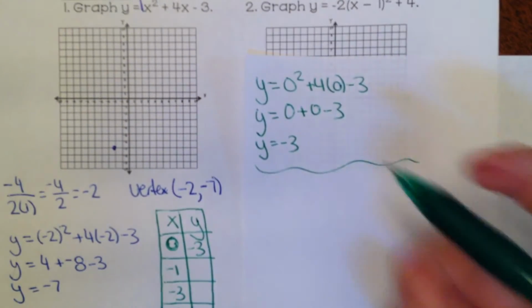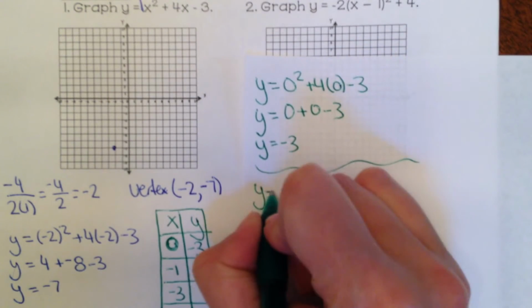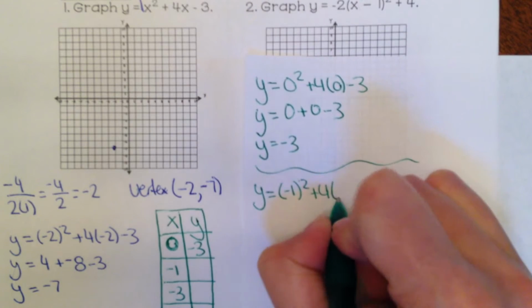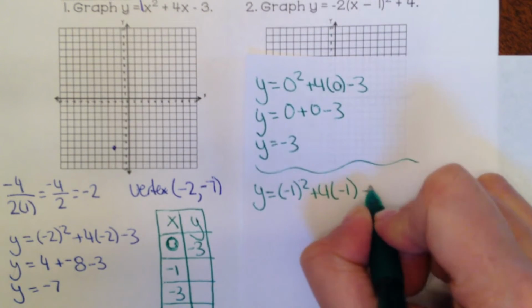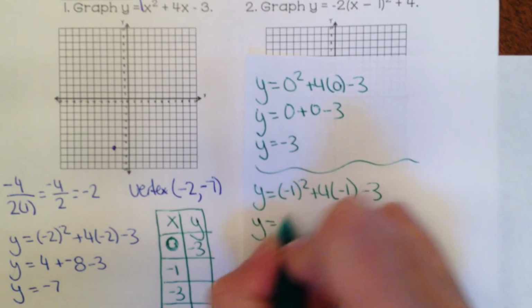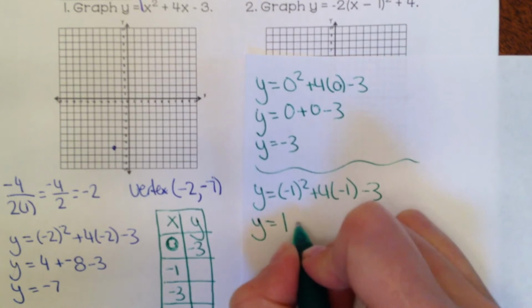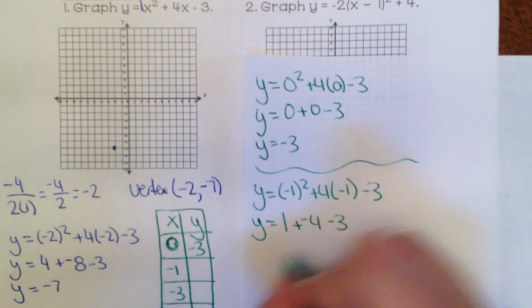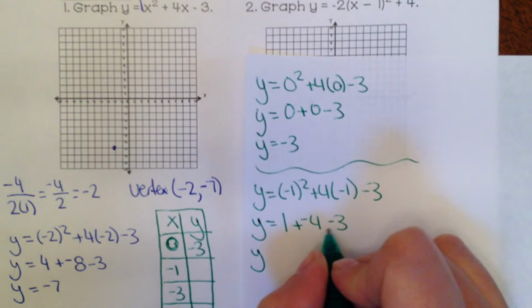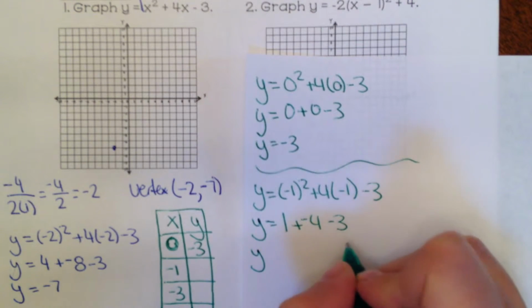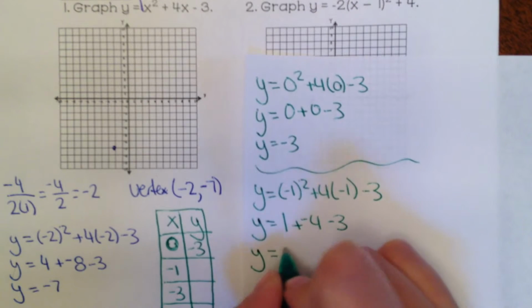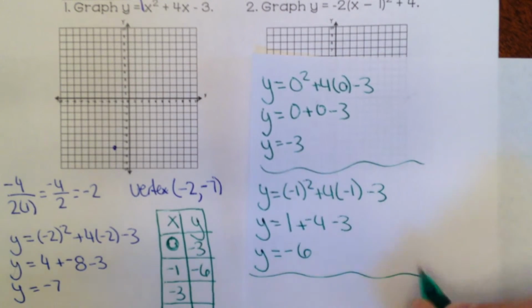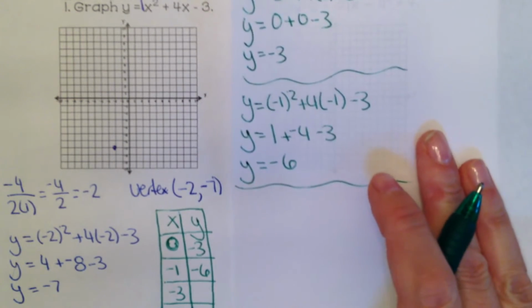Next one, plug in -1. Y equals -1 squared plus 4 times -1 minus 3. Simplifies to 1 plus -4 minus 3. And when we combine 1 plus -4 minus 3, we get -6. Okay, next one.